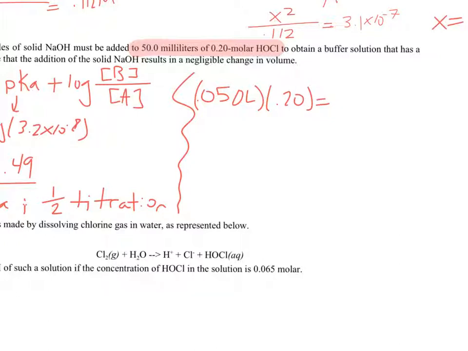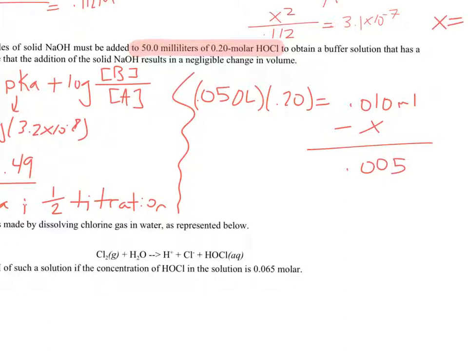The number of moles of HOCl is 0.010 moles initially. So how many moles of NaOH do I need to add to get this to cut in half? Or essentially, minus X, what do I need to subtract from this to get it down to half the original number of moles?